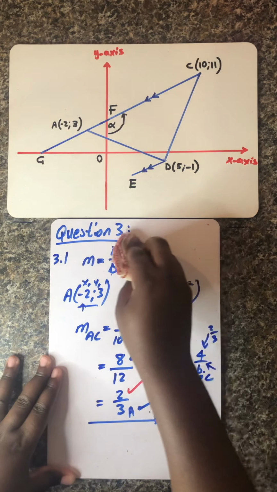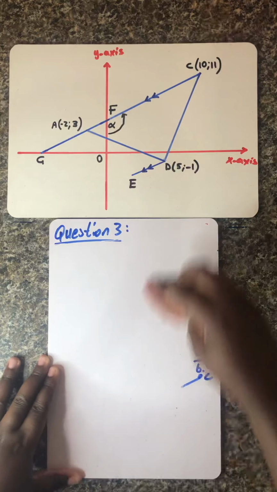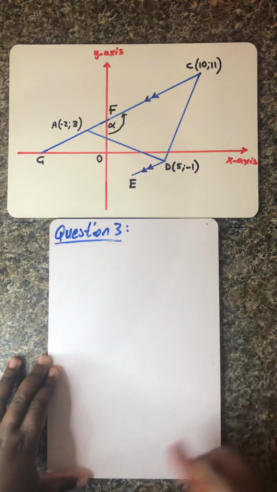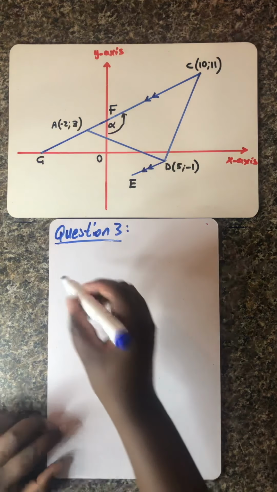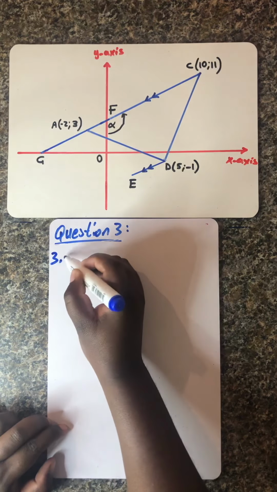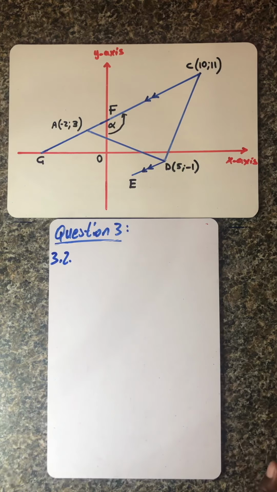So now let's move to the next question. I assume you've learned something new out of this question, but I assume only the grade 10s might have learned something new. So if you're in grade 11 and grade 12, I assume you already know most of the information.